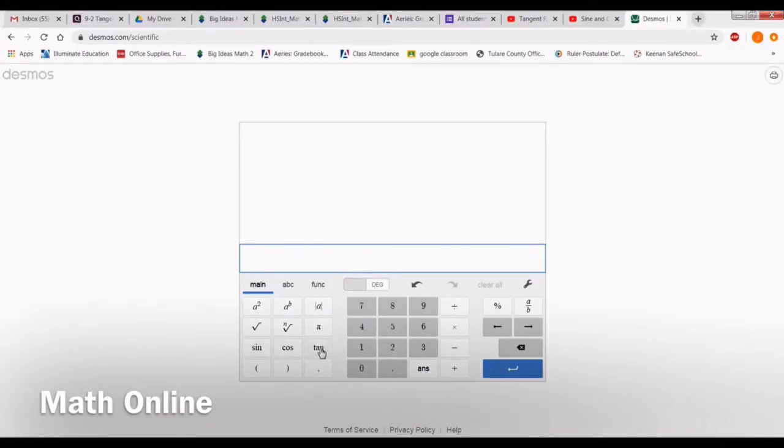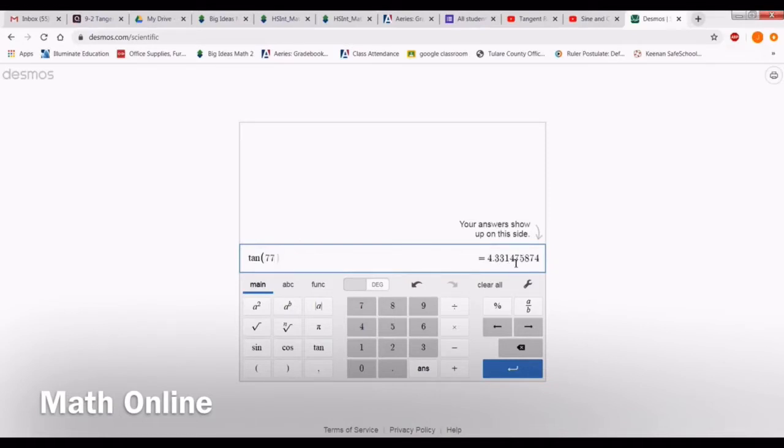Now we're going to press tangent, and then type your angle, which was 77 degrees, so 7, 7. As you can see, it already gives you the answer on this side. But remember, we only want 4 decimal places: 1, 2, 3, 4, so 3, 3, 1, 4.